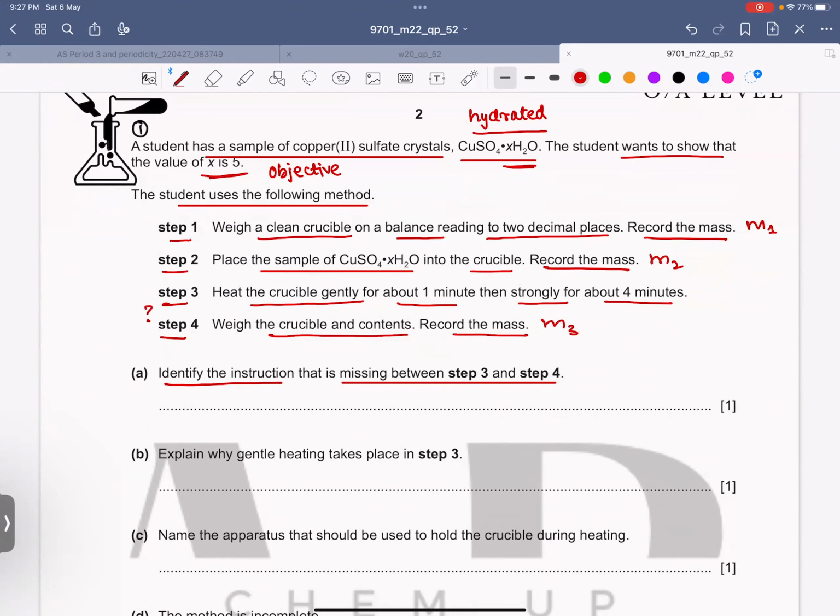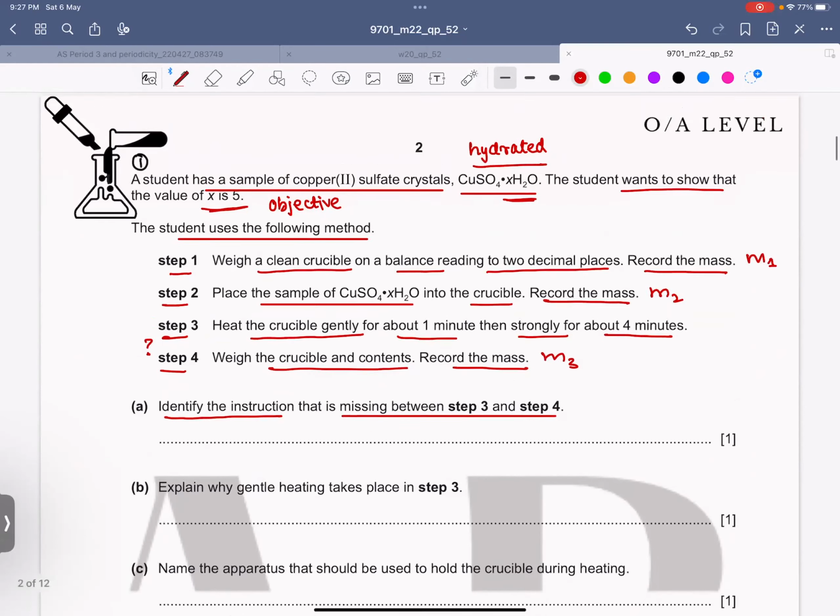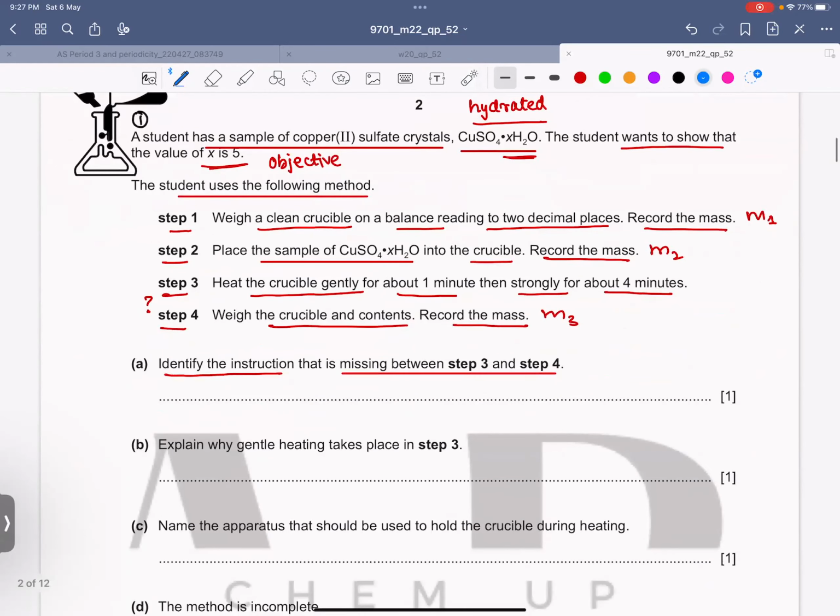Let it cool down before recording the mass, yes, very good. We have to cool the crucible and contents.